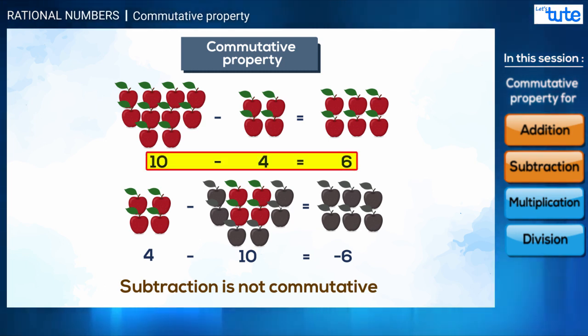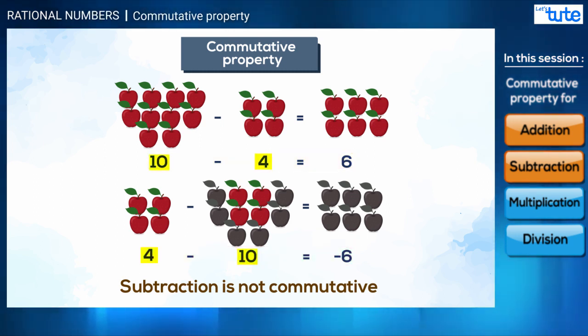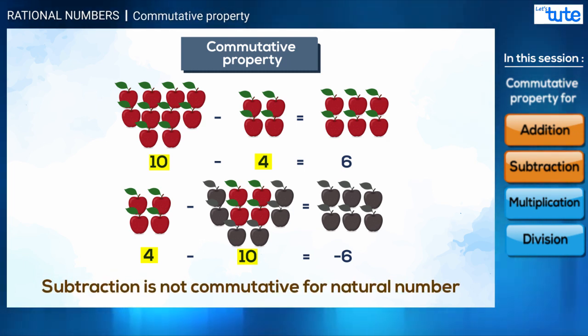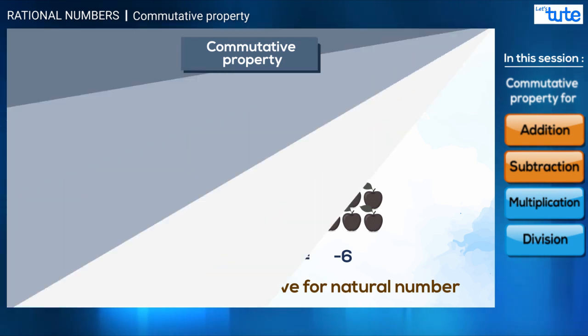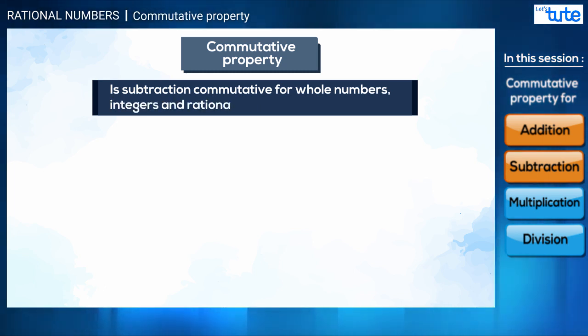That is 10 minus 4 is 6 and 4 minus 10 is minus 6. They are not equal. And since here 10, 4 and 6 are natural numbers, we say that subtraction is not commutative for natural numbers. Let us check if subtraction is commutative for whole numbers, integers and rational numbers.